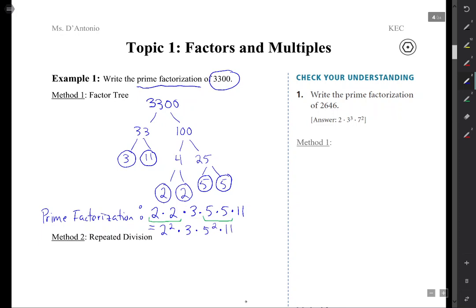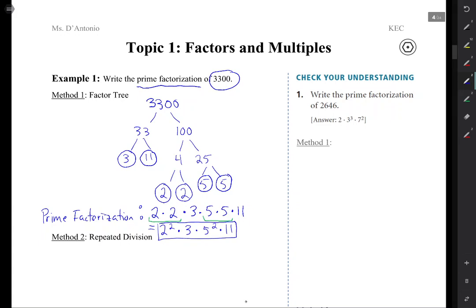And the 11 we can just keep the same. So our prime factorization would be 2 to the power of 2 times 3 times 5 to the power of 2 times 11. And double check this. Try putting it in a calculator and see if you get 3,300. I guarantee you will.